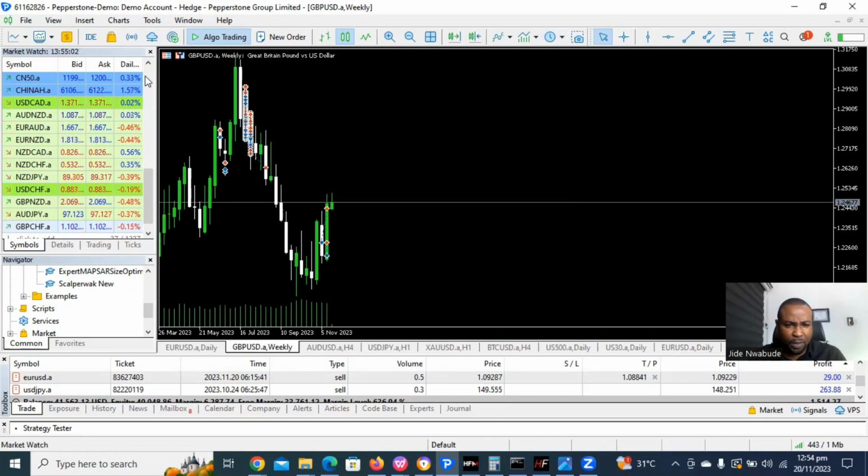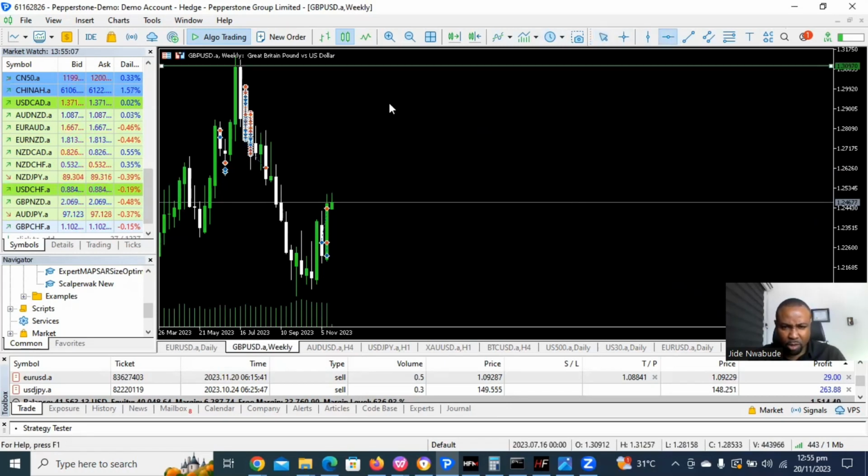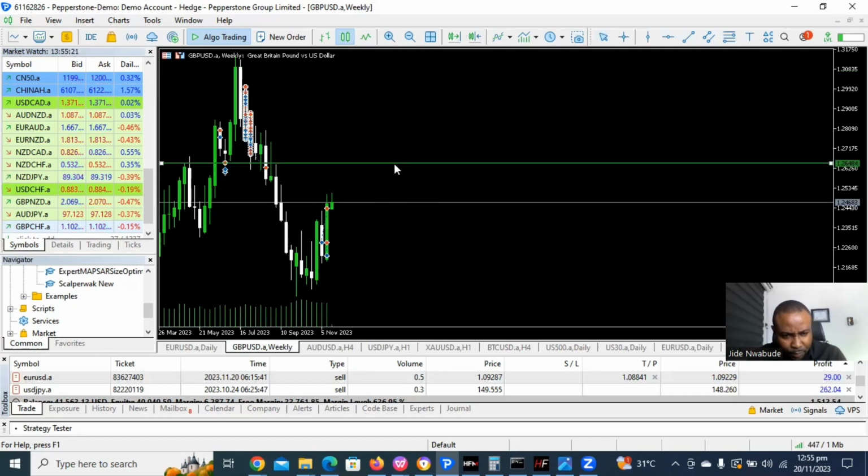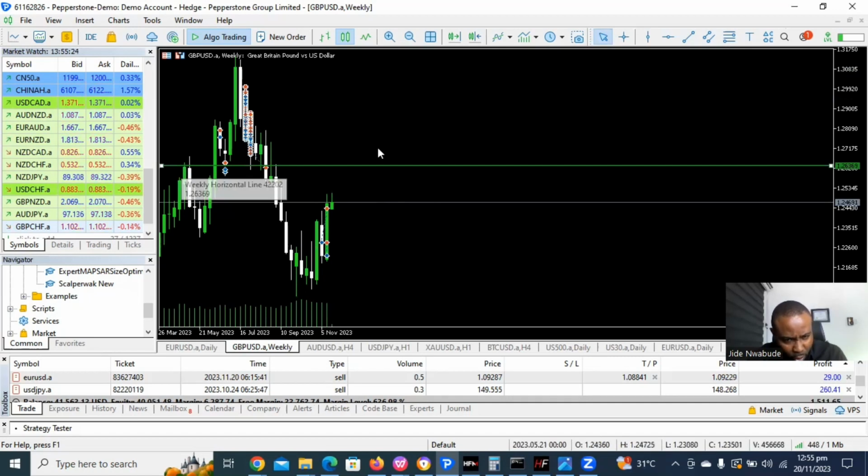Now, here is GBP USD. If I come and draw my support and tell you this is my support, I'm just fooling, because there are several supports price will pass before they will get here. Why did I not start from here? Even though, yes, this is a pronounced one, it's a very strong one, but there are more. Look at it, there's one here. Price has not crossed this.